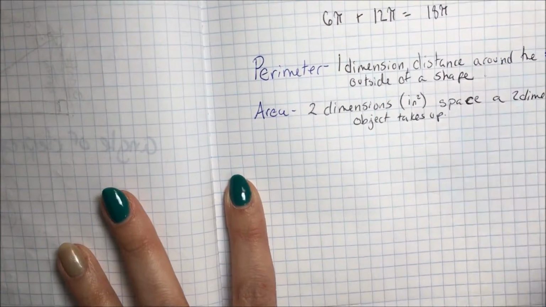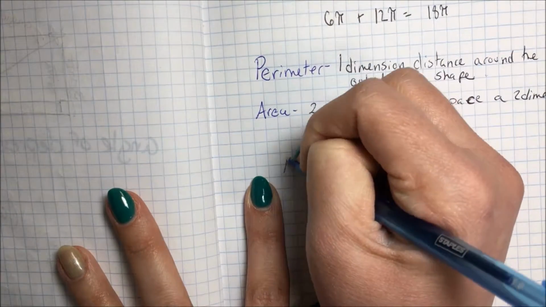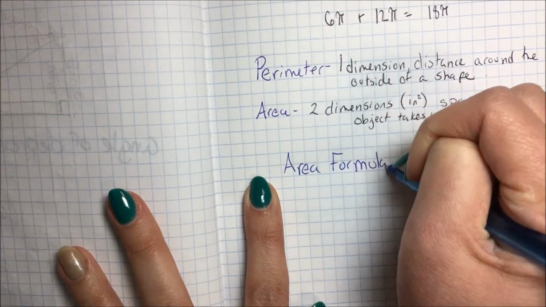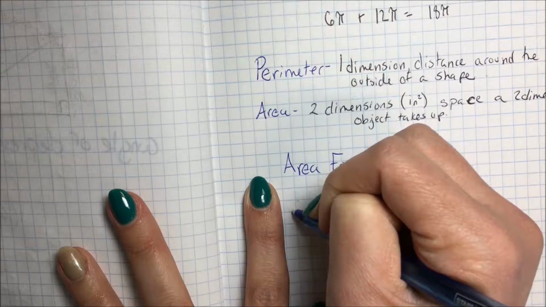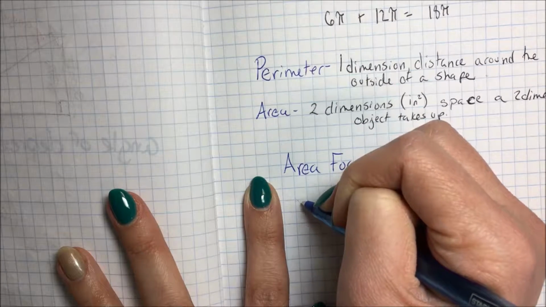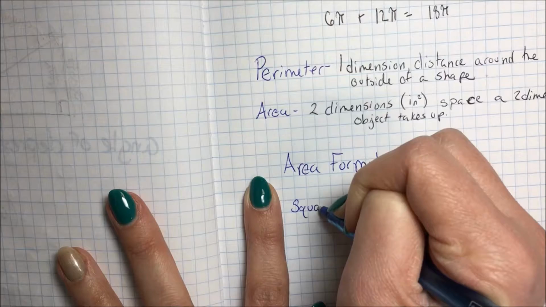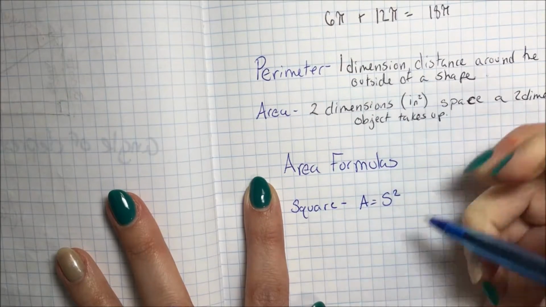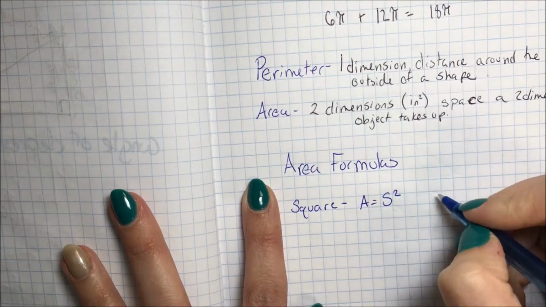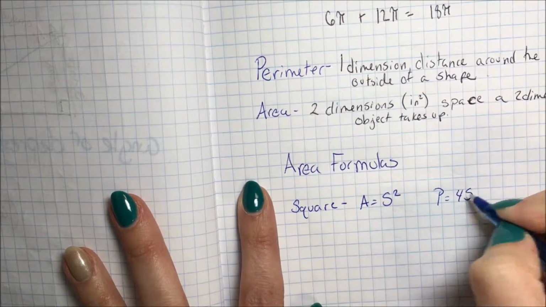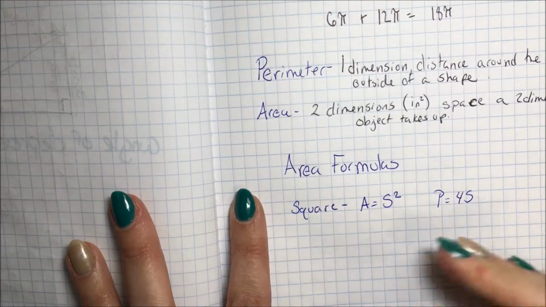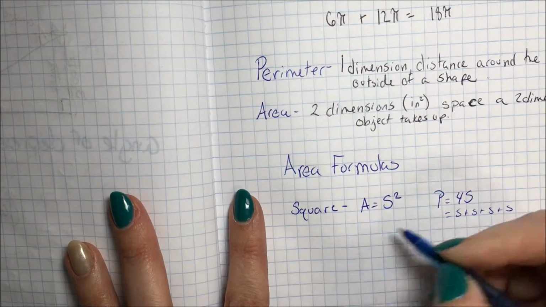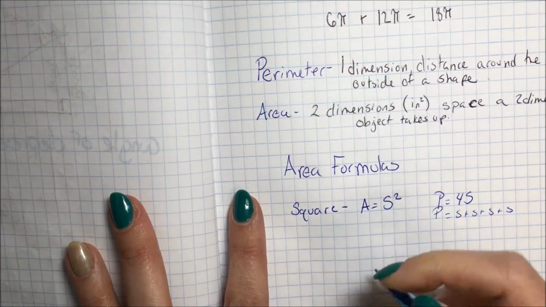The first area formula that you need to know is the area of the square. Area is side squared. We could also say the perimeter for this is 4 times the side, because there's 4 sides, and I'd be adding up all 4. So it's like side plus side plus side plus side. And we know in a square that all the sides are equal.